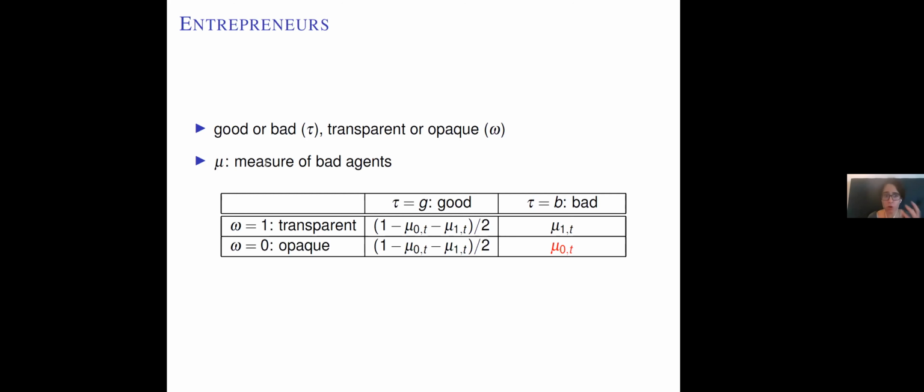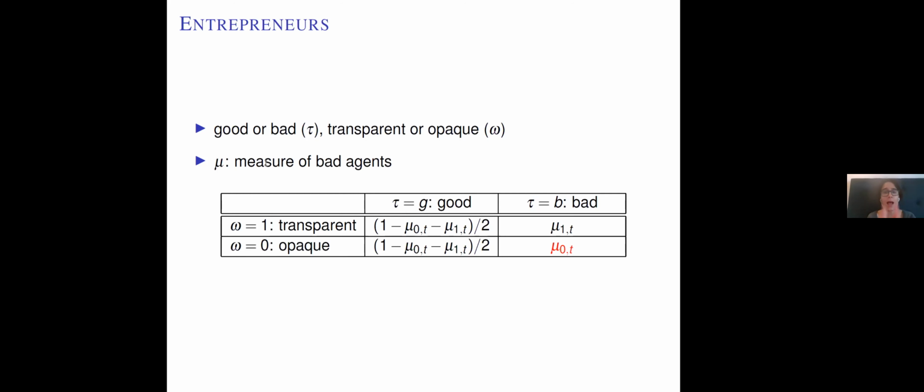Now, let mu at each time t denote the measure of bad entrepreneurs, the total of them. So both bad transparent plus bad opaque. Okay. And so this means there is this two-dimensional type. Means there are like 4 types of entrepreneurs in the economy. There are good transparent, good opaque, bad transparent, and bad opaque.